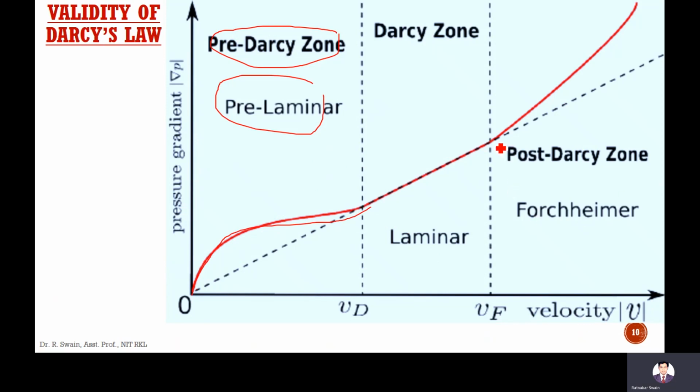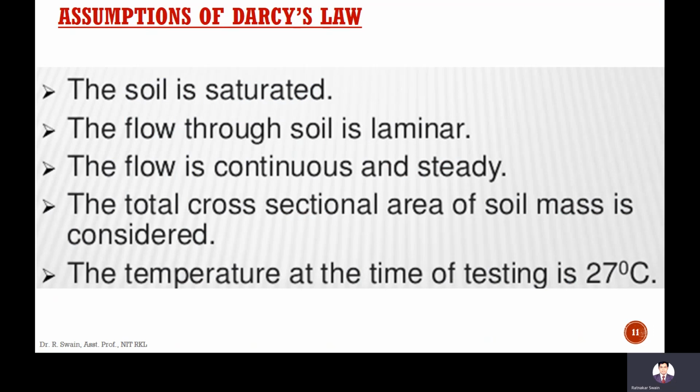Only in this region is there a linear relationship, so it is called the Darcy zone, where Darcy's law is valid. Here Darcy's law is not valid. So at last, let's discuss the assumptions of Darcy's law.